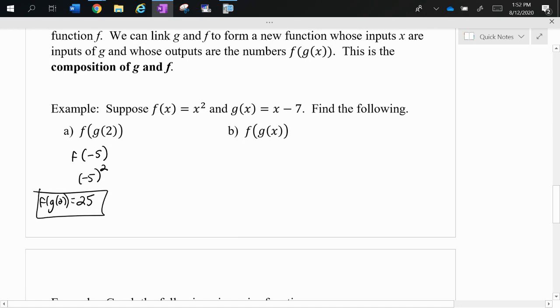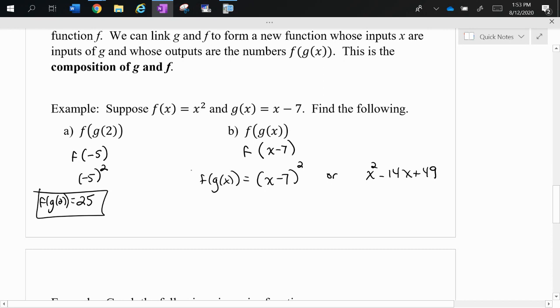And now we're going to find f of g of x. We start with g of x, which is x minus 7, so I want f of x minus 7. F of x minus 7 is x minus 7 squared. So f of g of x is x minus 7 squared, or x squared minus 14x plus 49.